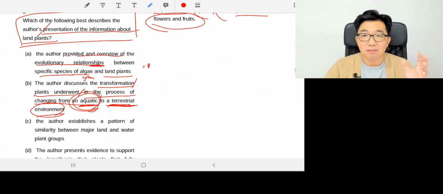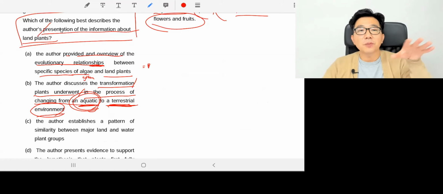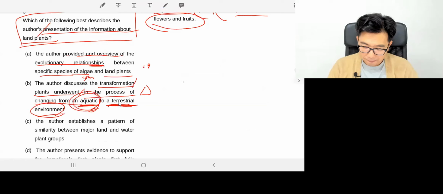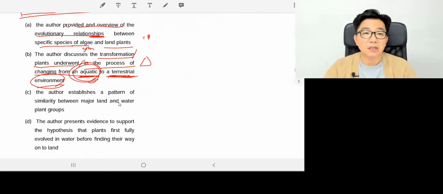Okay, pretty perfect, I think. So the author is presenting information on how land plants went through adaptation, an evolutionary process, to meet the condition of land from the water. Yeah, I like this.